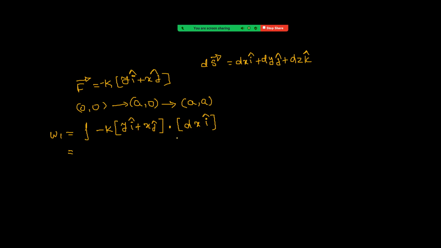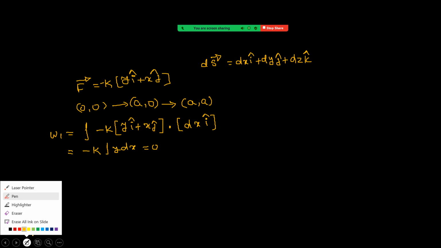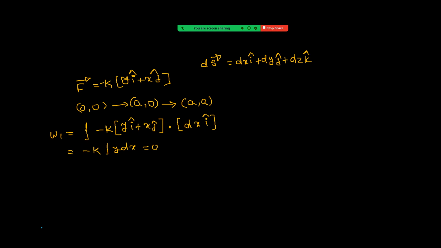i cap dot i cap is 1. The remaining is minus K into the integration of y dx, and this is equal to 0. Students, see carefully why it is 0. Because we are moving along the x-axis. Along the x-axis, what is the y coordinate? It is 0.